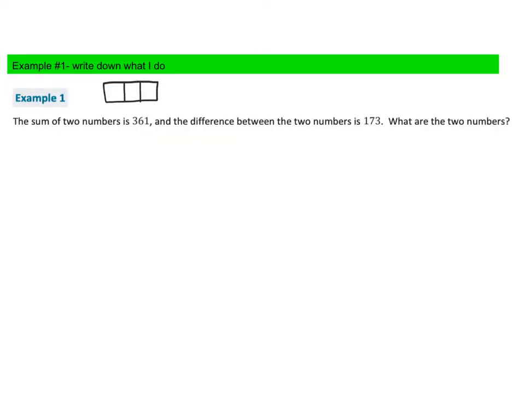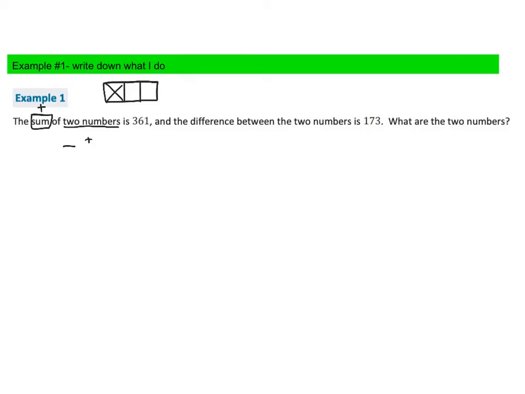Alright, because this is a word problem, we're going to go ahead and do our close reading. It says the sum of two numbers is 361, and the difference between two numbers is 173. What are the two numbers? I went ahead and read from my big idea. Now I'm going to be doing some annotation. So the sum of two numbers means I'm adding two things.